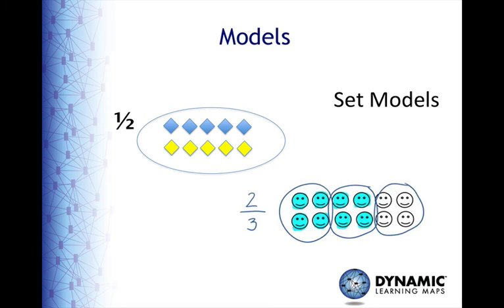Another challenge with set models is that students may focus on the size of the subset rather than the number of equal size subsets in the whole. For example, if 12 counters make up a whole, a subset of 4 counters is 1/3, not 1/4, because 3 equal size subsets make the whole. Using discrete objects like colored counters may make it easier for students to see the subsets.